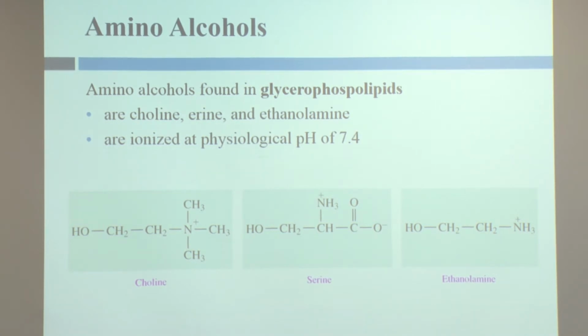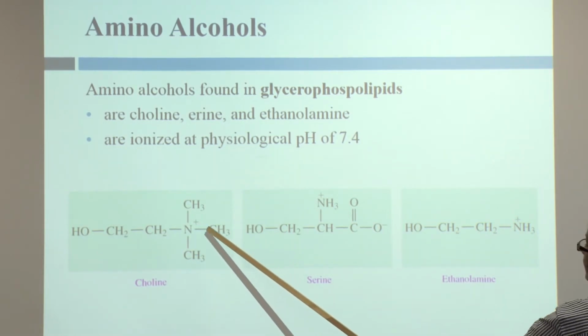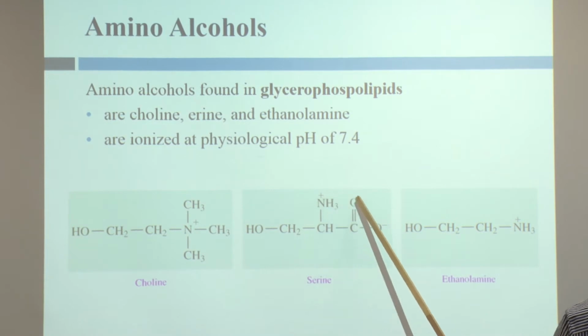The pH is 7.4. So at that pH, these amino alcohols that are present in the lipids are ionized. You can see the ion. So these are ionized at the pH in the body. These are one of the components in the glycerophospholipids.